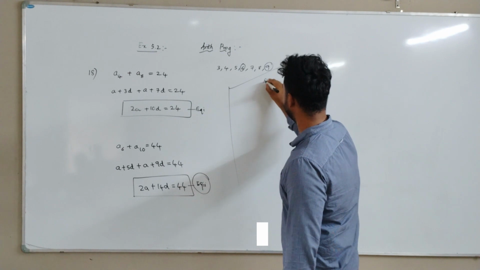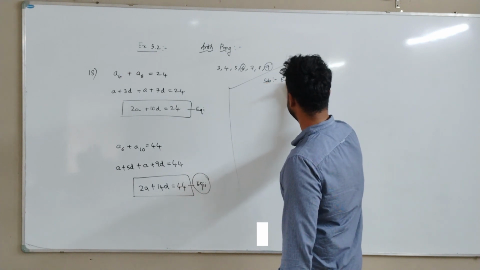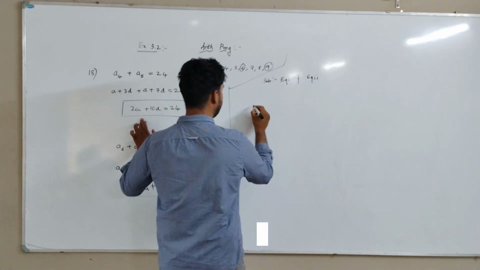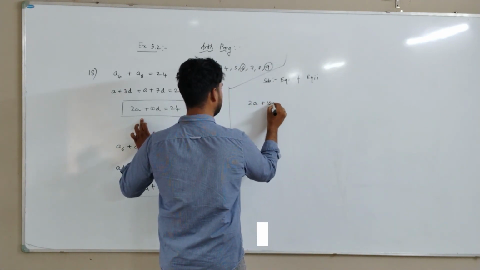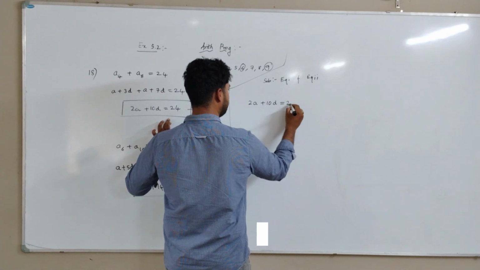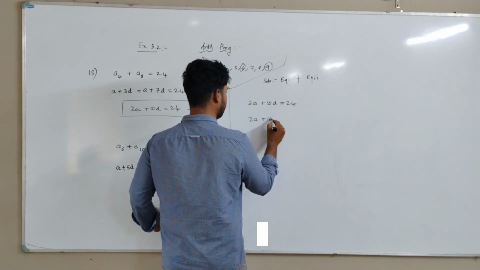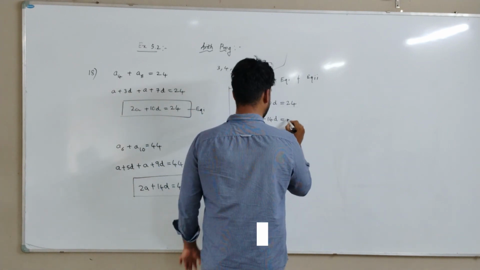Now, subtraction, okay? Equation 1 minus equation 2. 2A plus 10D is equal to 24. 2A plus 14D is equal to 44.